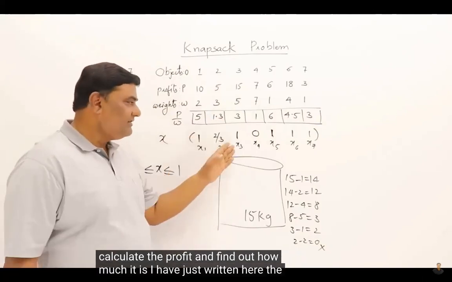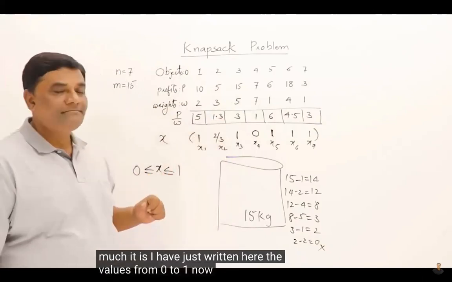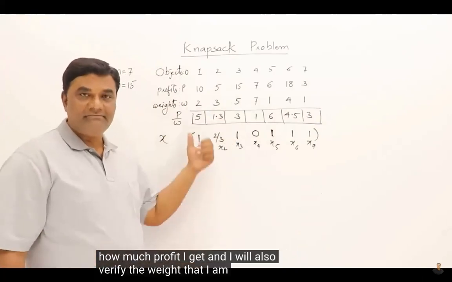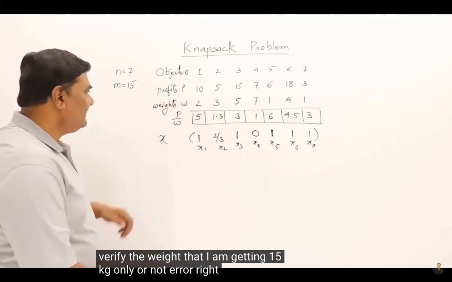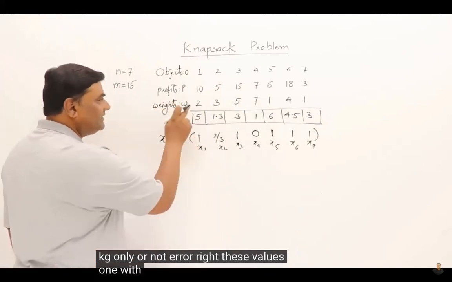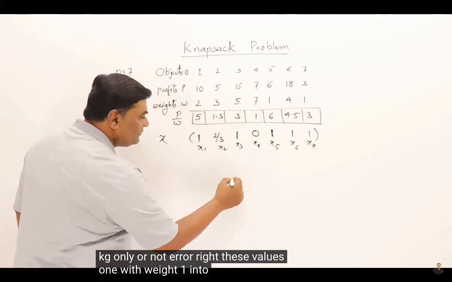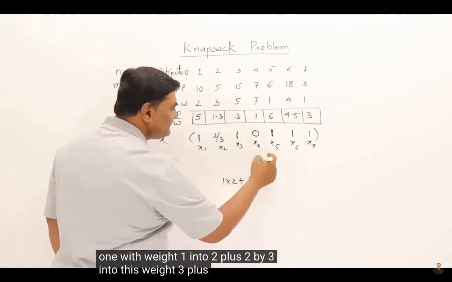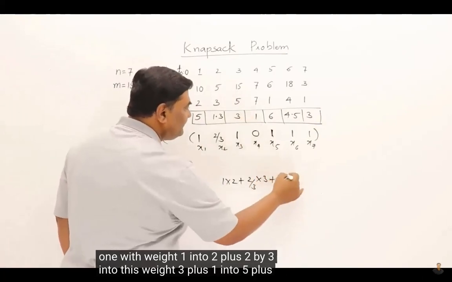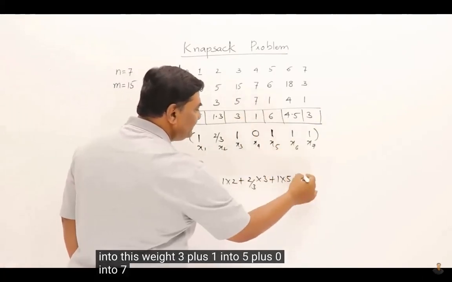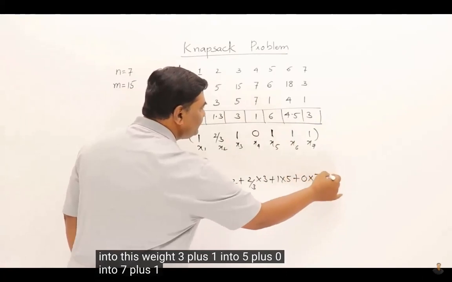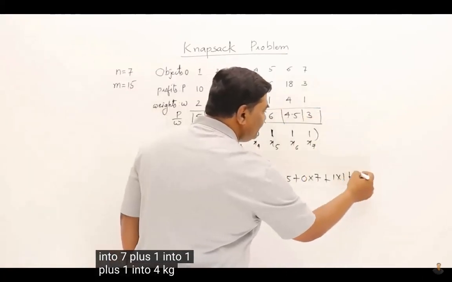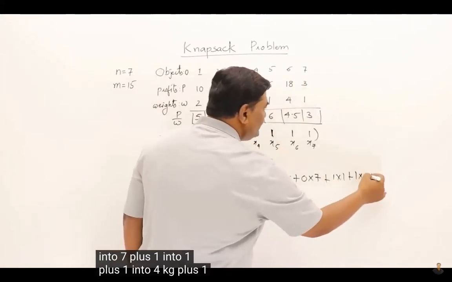I have just written here the values from 0 to 1. Now I will see total how much profit I get, and I will also verify the weight that I am getting is 15 kg only or not. Here I write these values. 1 into 2 plus 2 by 3 into 3 plus 1 into 5 plus 0 into 7 plus 1 into 1 plus 1 into 4 plus 1 into 1.